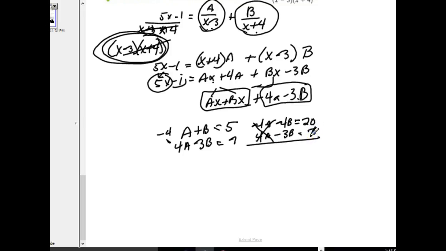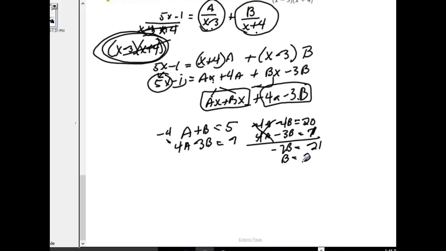When I add these together, the a terms cancel each other. So we end up with negative 7b is equal to negative 21, because this is negative, and so is this. If I divide both sides by negative 7, then b ends up being positive 3. So we found half of that.